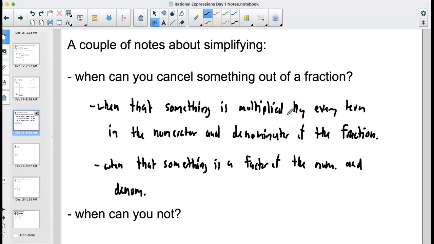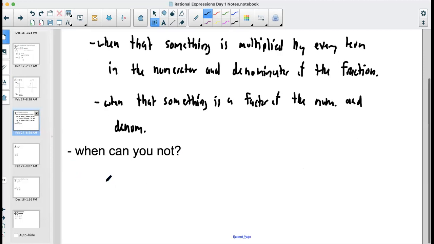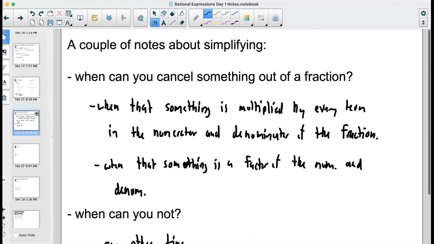That's what it means when I say multiply by every term. It means it's a factor. So that's when you can simplify. That's when you can cancel things, and otherwise you can't do it. When can you not do it? Any other time. This is the only time when that works, when it's a factor of the top and the bottom.